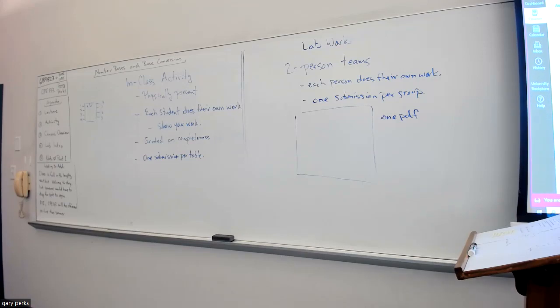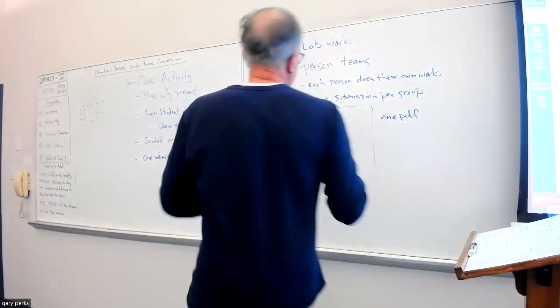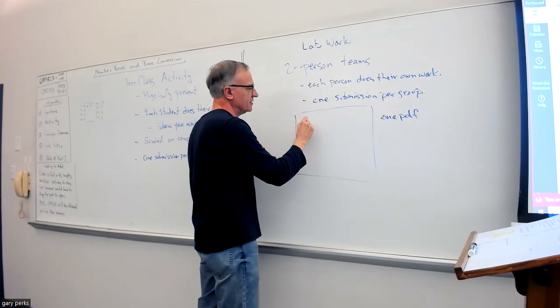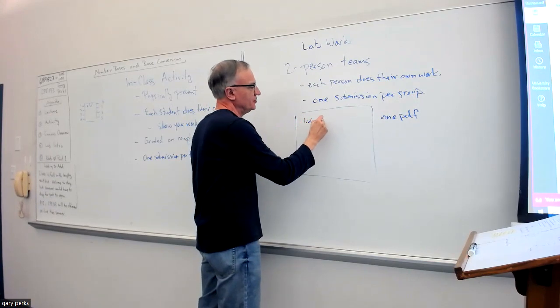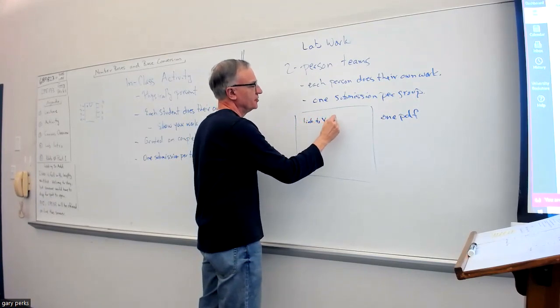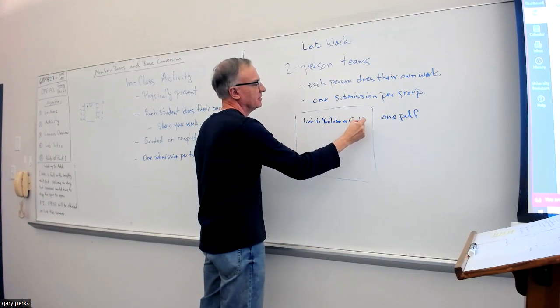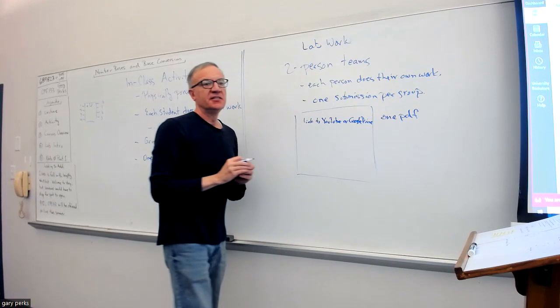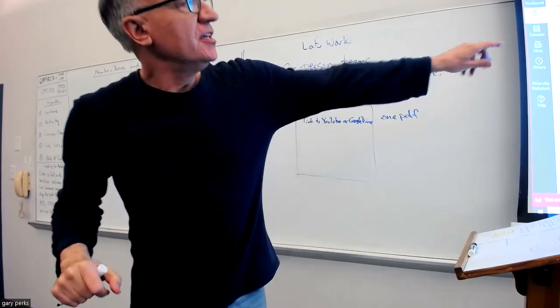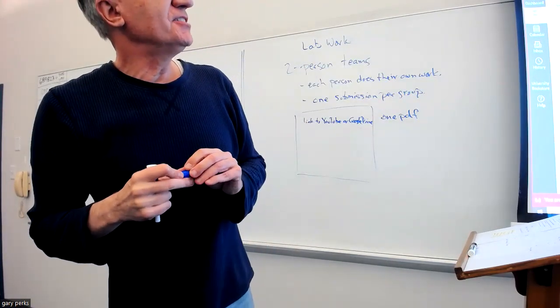Okay, so in your single PDF, you want to have a link, like YouTube or Google Drive, wherever you put your video. Okay, also, you want to show that you have a successful simulation.